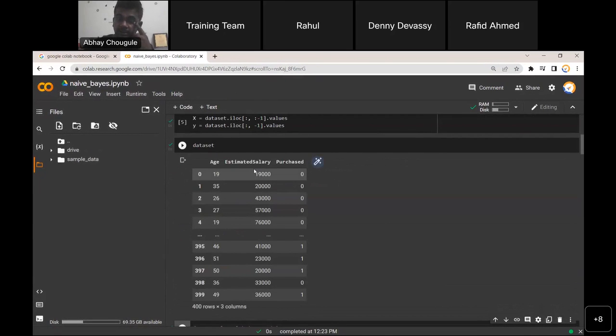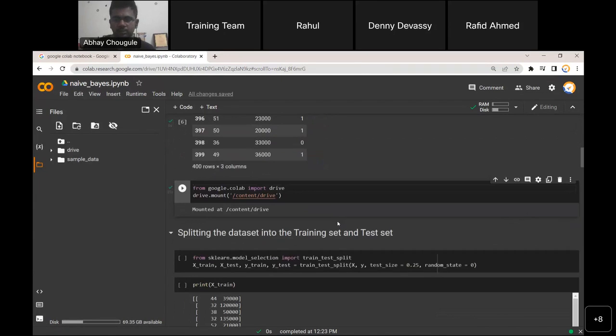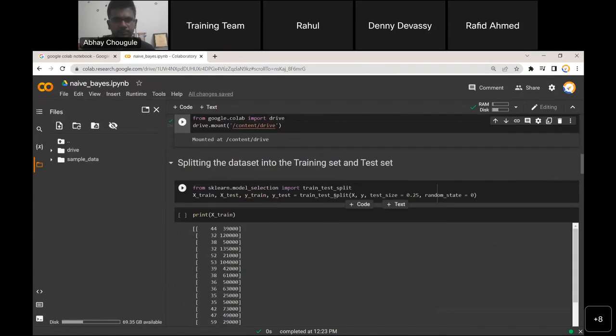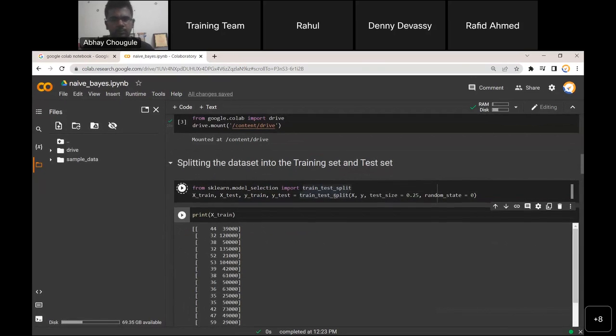See, this is the dataset: age, estimated salary, and purchase. As I said, you can use this for multi-classification as well as binary classification. Here I'm using the binary classification example. I import train_test_split from sklearn.model_selection, not an issue.